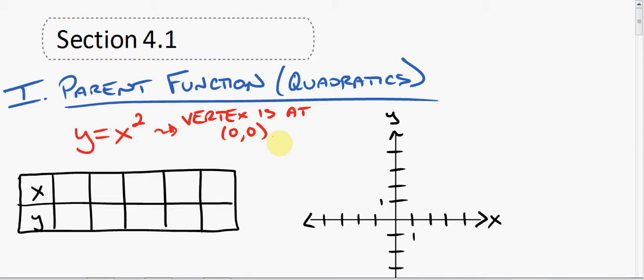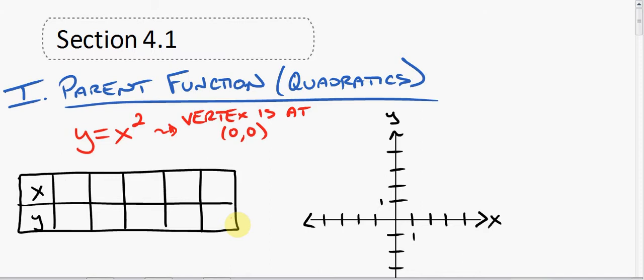So once you identify your vertex when you're trying to graph a quadratic, which should always be the first thing you do, you're going to make a table. So I've got a table here, and notice there's a spot for 5 different points. When you're typically graphing a quadratic equation, you want to find 5 points.